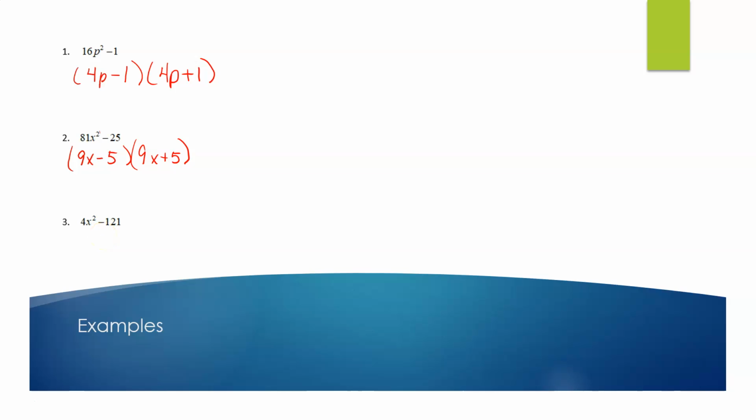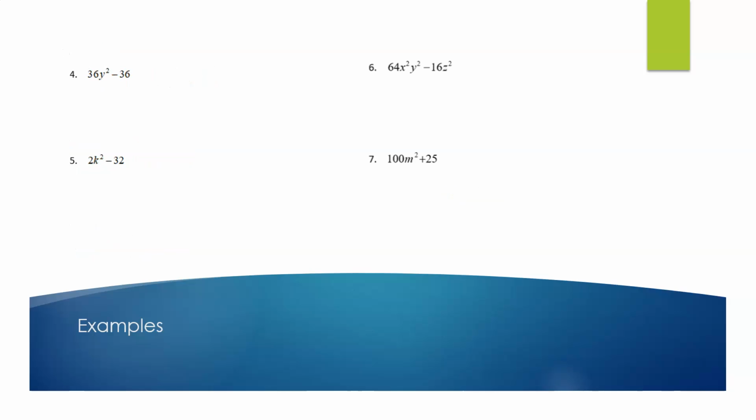Two squares, it's a difference. Square root of 4x squared is 2x. Square root of 121 is 11. We're going to do 2x minus 11, quantity 2x plus 11. So if you have this pattern memorized, you're not even going to have to think it through. 36y squared minus 36.